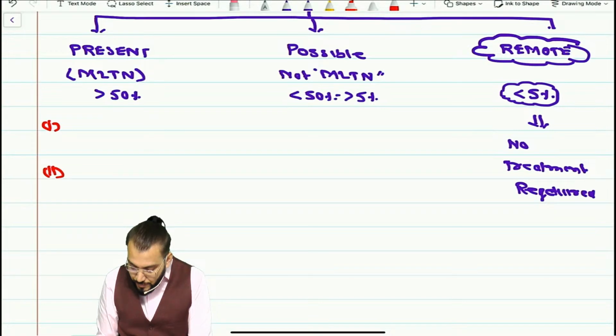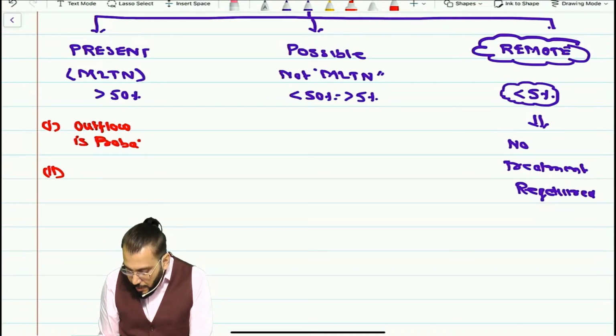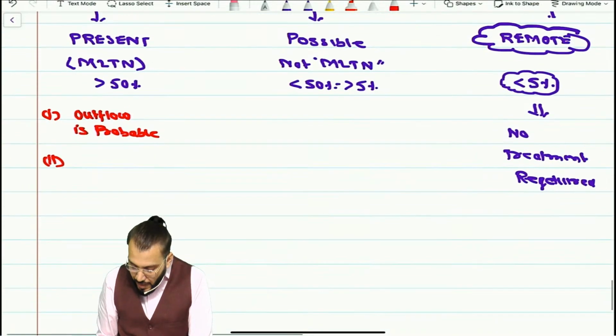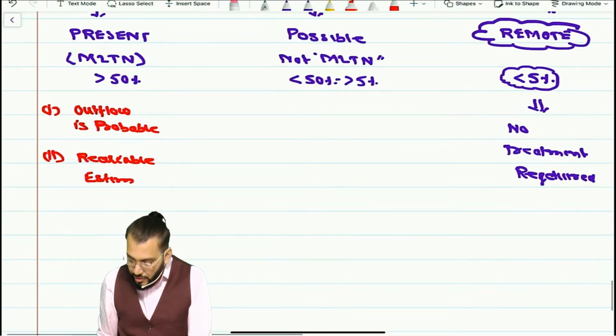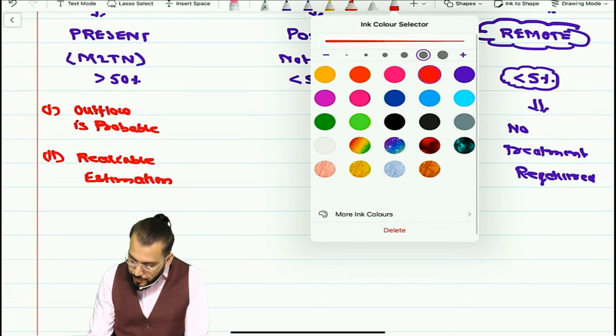So after this, you need to cross-check two more conditions: whether outflow is probable or not, and whether a reliable estimation can be made or not.